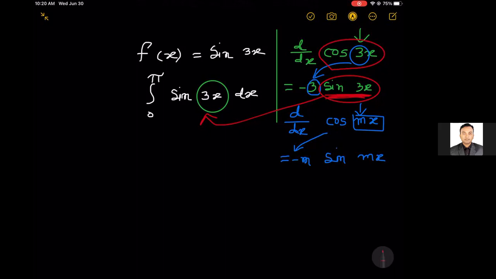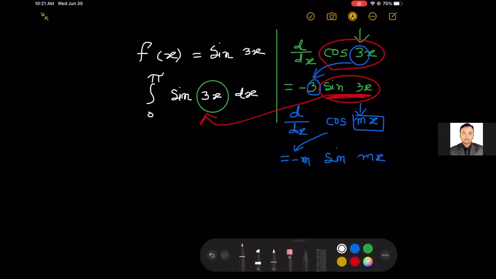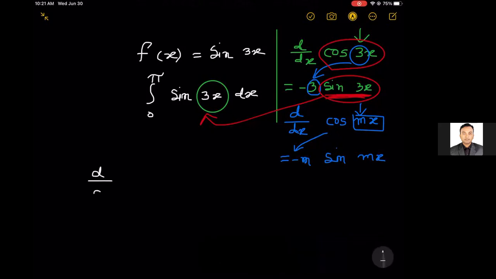I have seen this statement just a couple of minutes back before the break. So let me write it for you. I know the d dx of cosine 3x is -3 sine 3x.